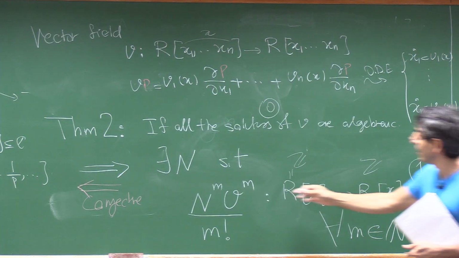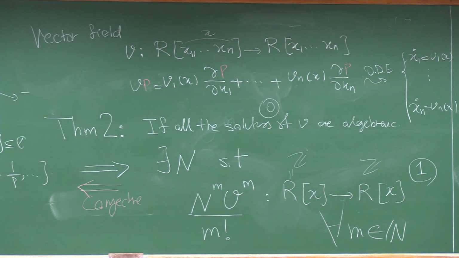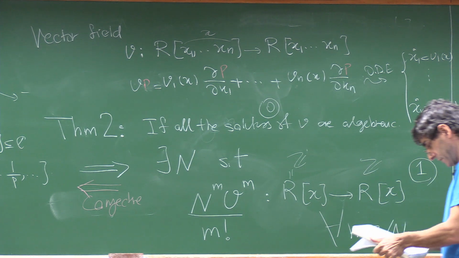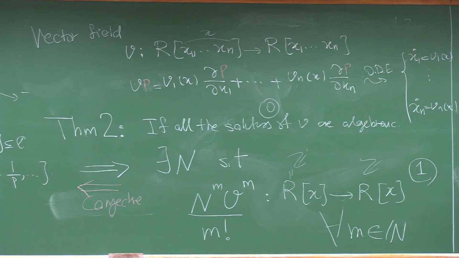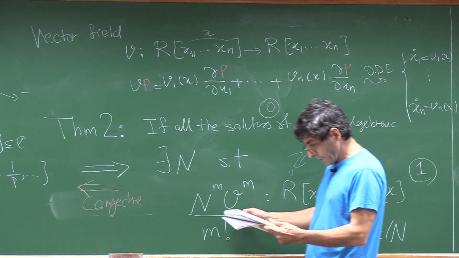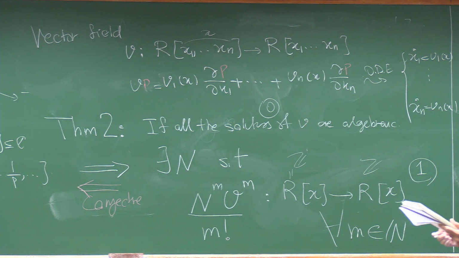So just you put m equal to a prime number. Let me see. 1 holds for prime number? You mean 1 holds just for prime numbers, then the vector field is algebraic?